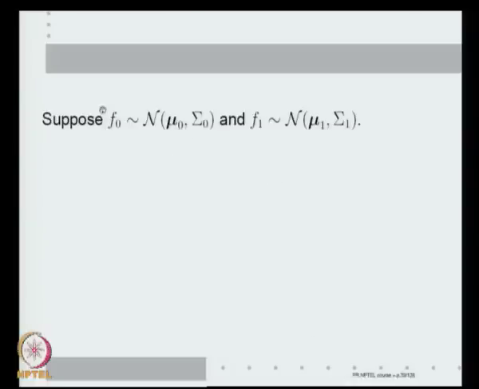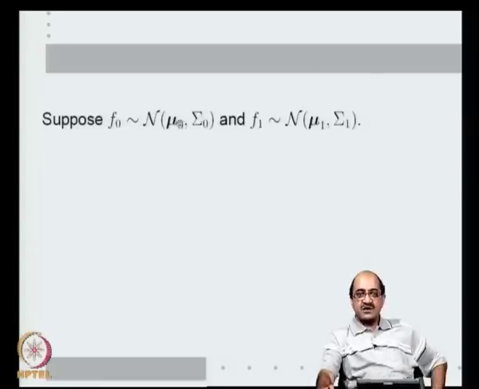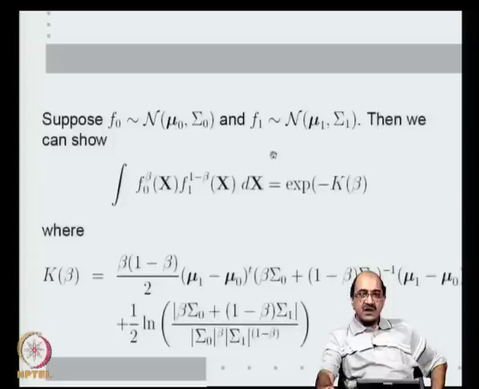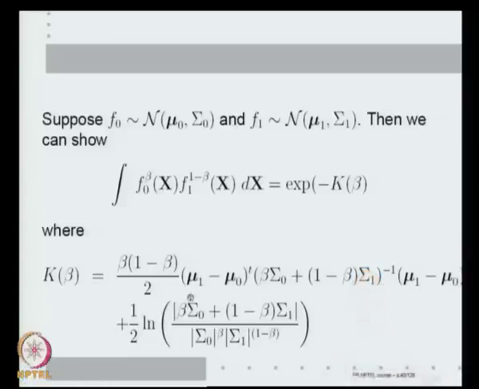But suppose I assume that f0 and f1 are multidimensional Gaussian densities, f0 has mean mu 0 and covariance matrix sigma 0, and f1 has mean mu 1 and covariance matrix sigma 1. Then one can show that this integral can be bounded above by e to the power minus k of beta, where k of beta is some involved expression like this, essentially some kind of a quadratic form involving the mu's and sigmas. This is algebraically difficult, but otherwise the derivation is straightforward.